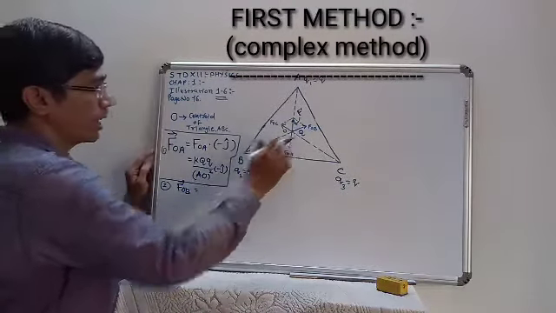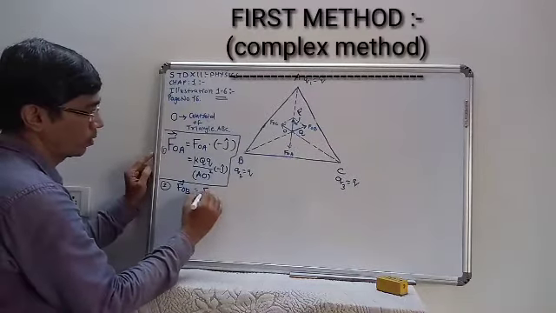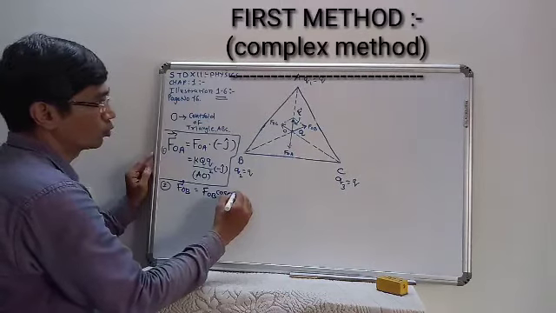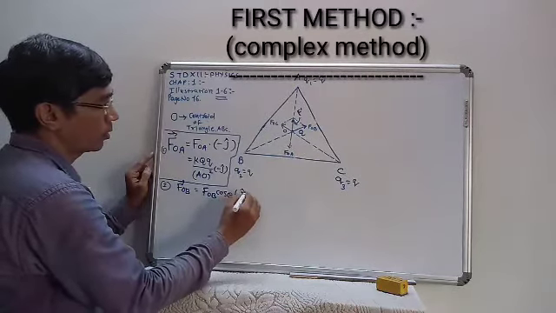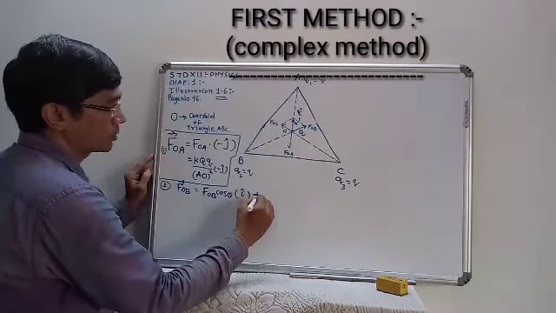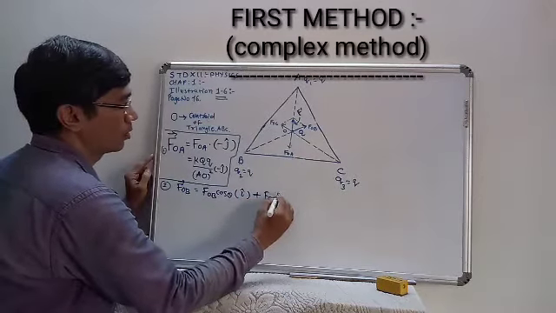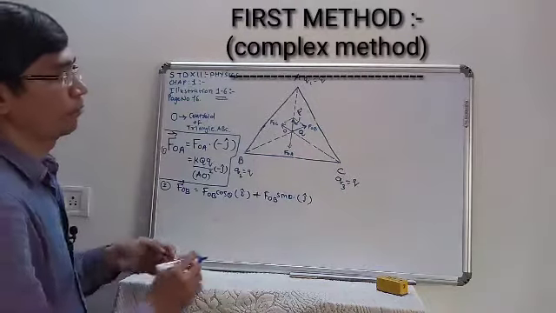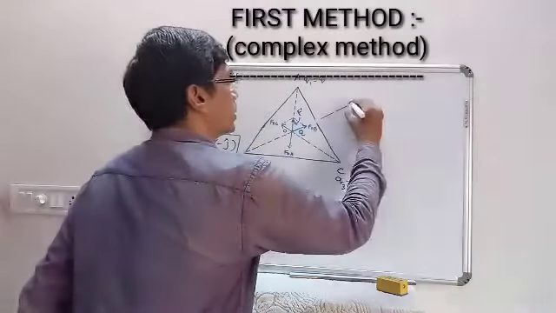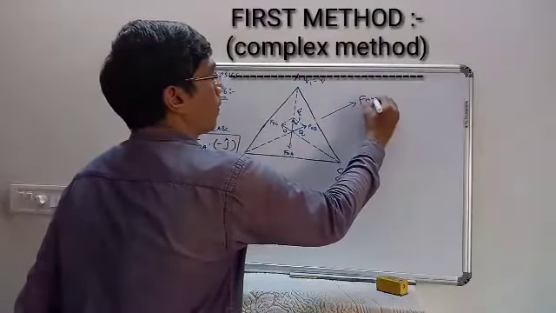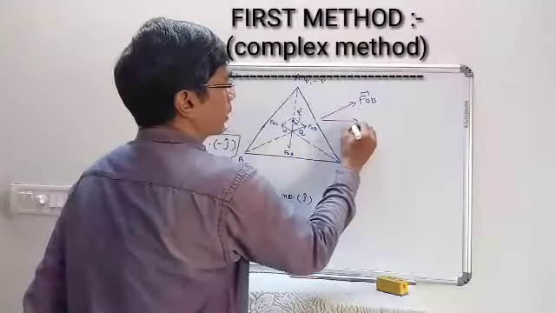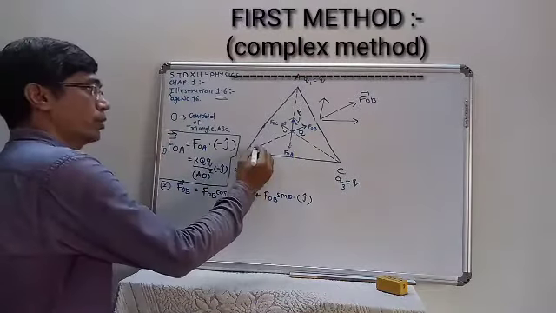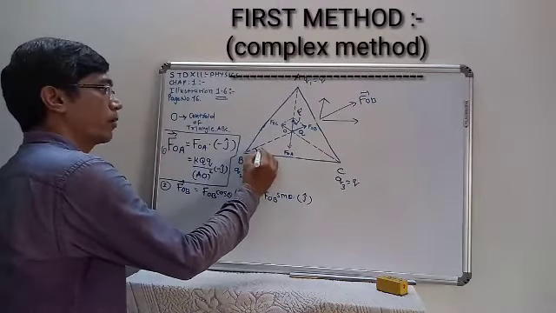We can express this FOB by FOB cos theta into unit vector i plus FOB sin theta into unit vector j, because FOB is in this direction, so we can take two components. Now this angle is theta.